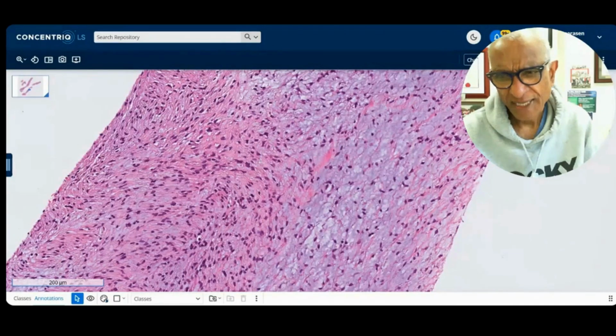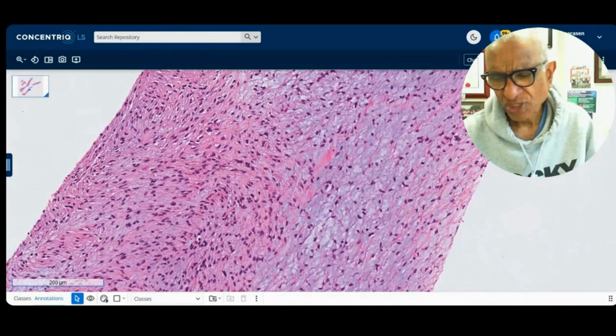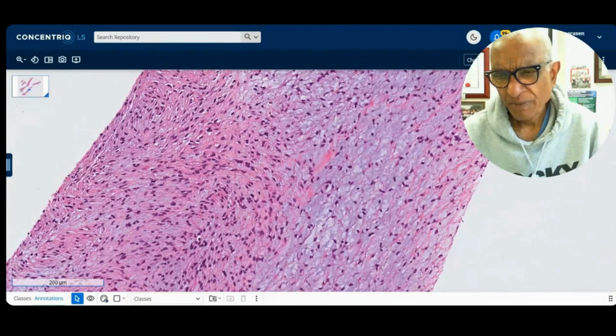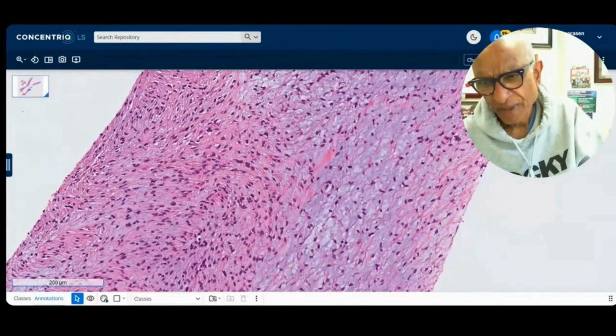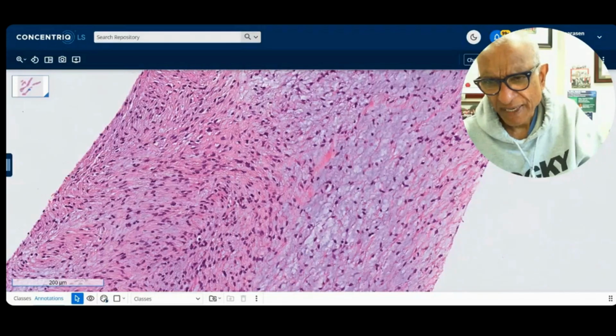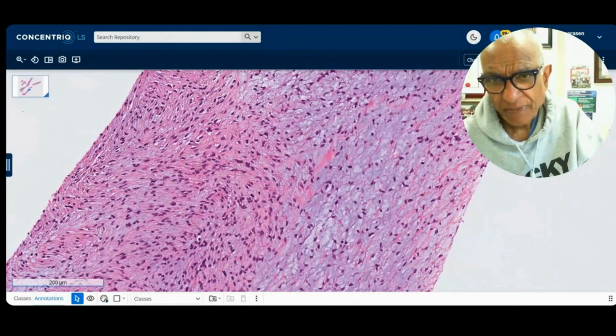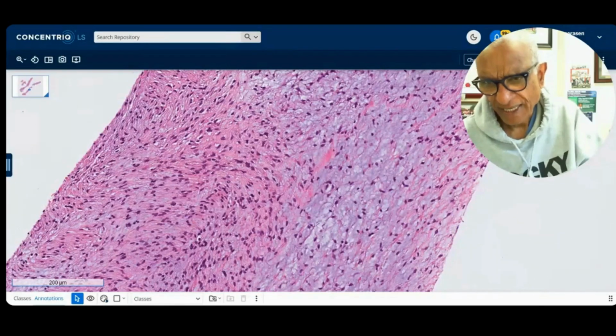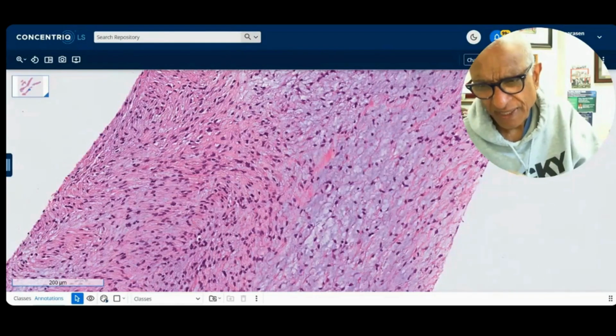But ischemic fasciitis has a zoning phenomenon. You get myxoid areas with vascularity, with parallel granulation-type tissue, and then fibroblasts which have atypia. How do I remember that? When you read the first paper by Sharon Weiss in AJSP, she called them atypical decubital fibroplasia. Atypical because you get atypia. You can call them degenerative or reactive atypia.